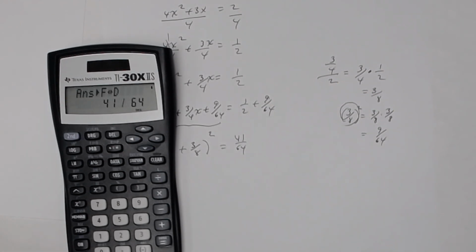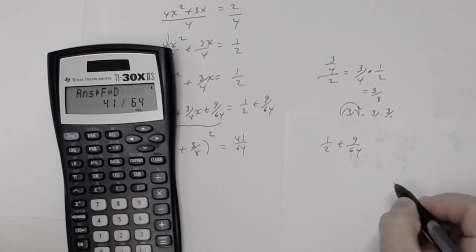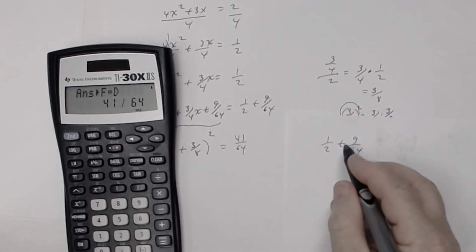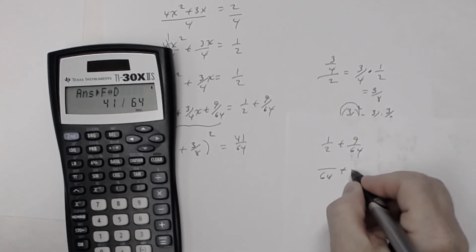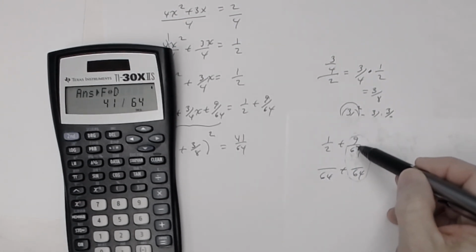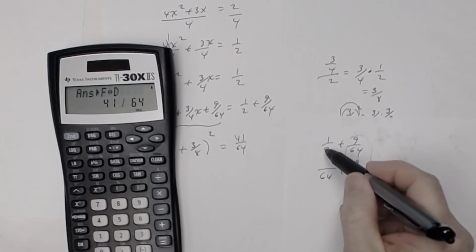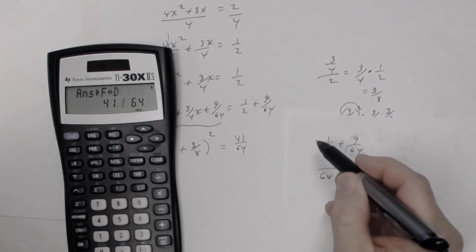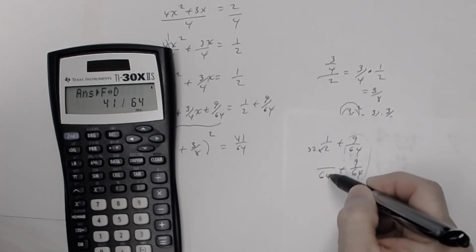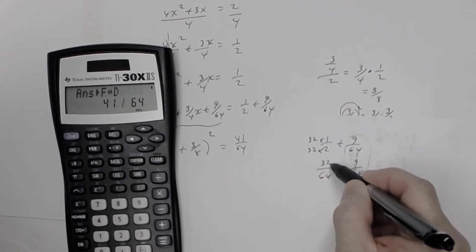If you do it by hand, you're going to say 1/2 plus 9 over 64. So the least common denominator is 64. You're going to write two fractions with 64 as the denominator. This part's easy right here, right? Because 9/64 is equivalent to itself. And over here, 2 times 32 is 64, so 1 times 32 is 32.